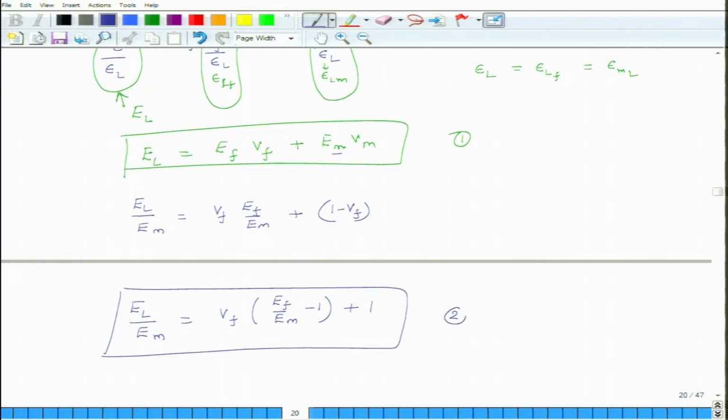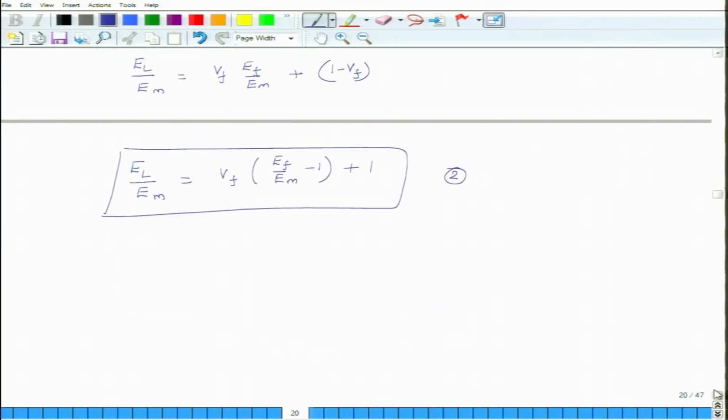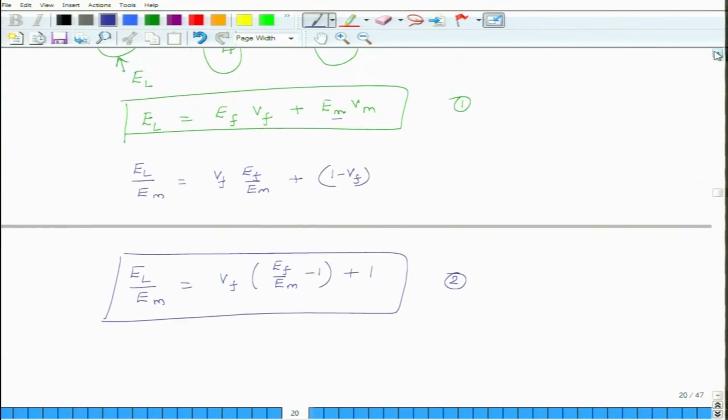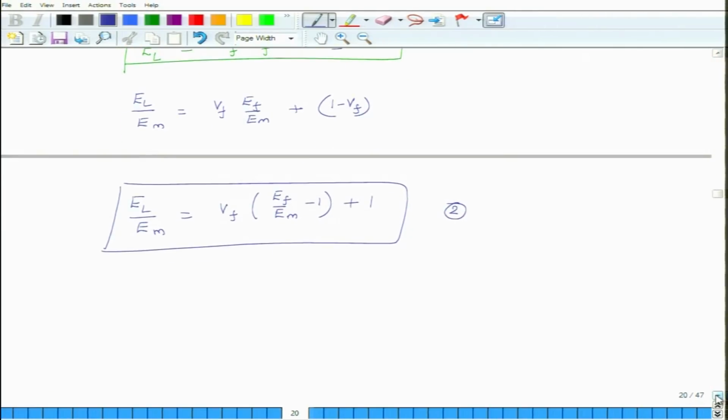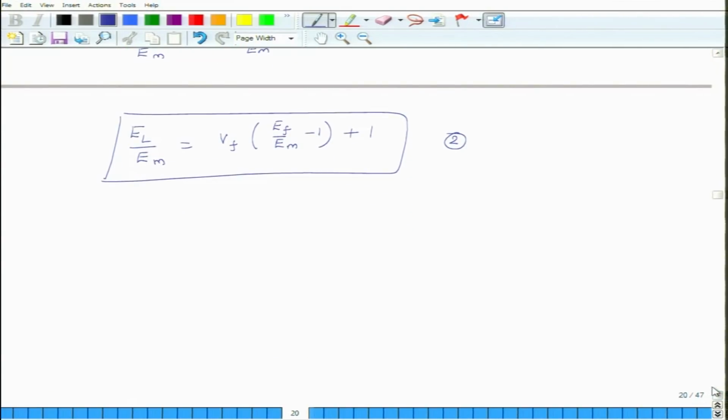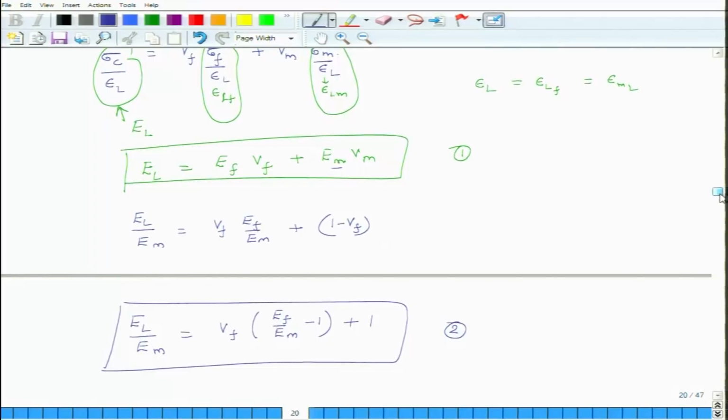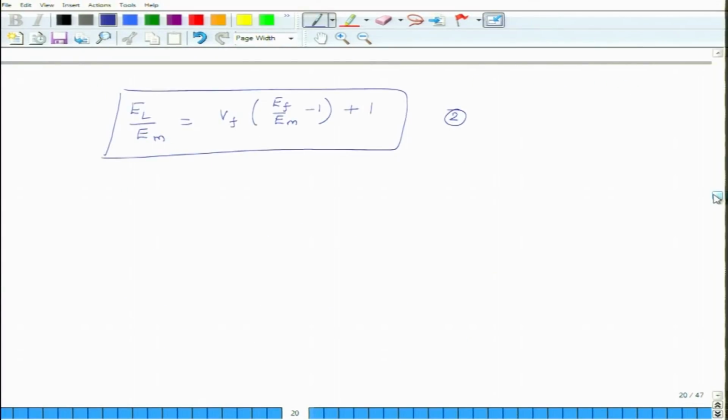So, this is equation 2. So, these are the two forms, and I just wanted to give you some perspective of how strong is the influence of the fiber modulus on the overall modulus of the composite. So, we will do an example very quickly.